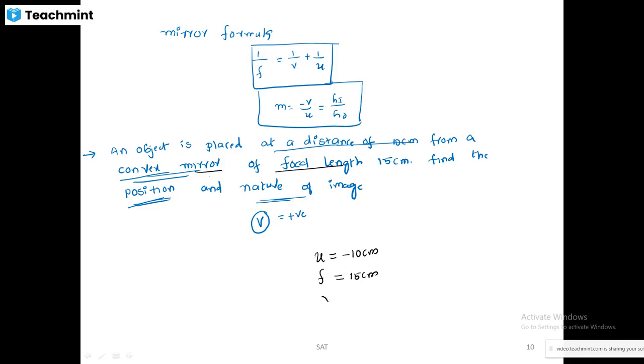Now find v, the position of the image, using the mirror formula 1 by f is equal to 1 by v plus 1 by u. So 1 by 15 is equal to 1 by v plus 1 by minus 10. For the unknown, don't use the sign conventions; for known values we can use them. Simplify, and we get the answer: 60 centimeters.